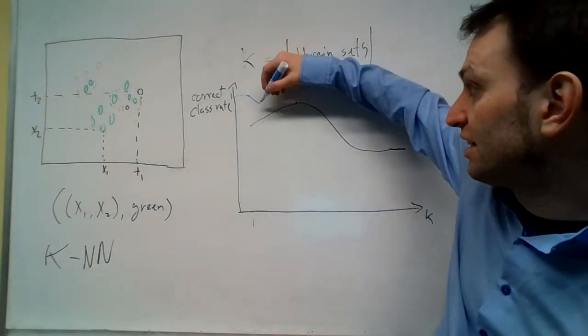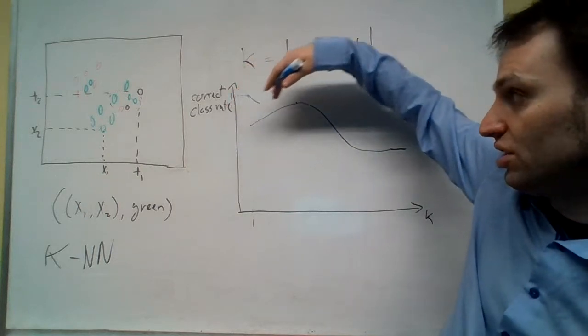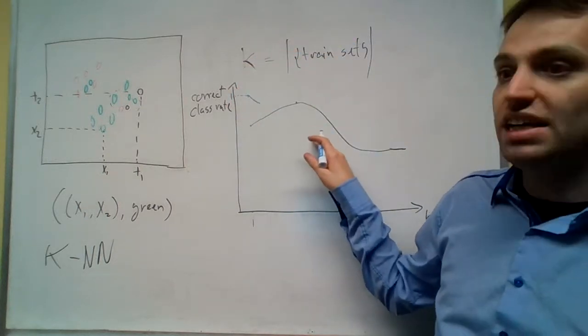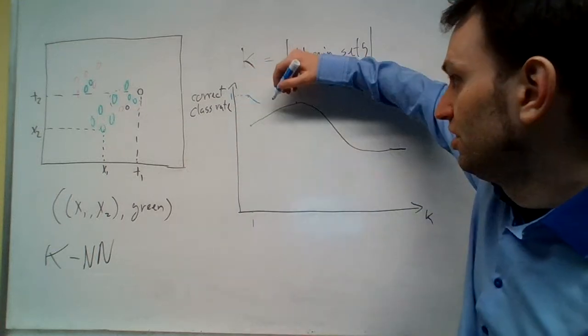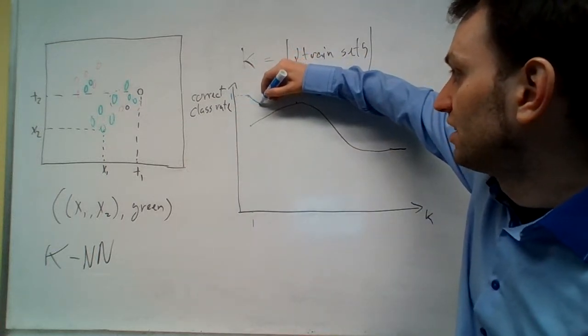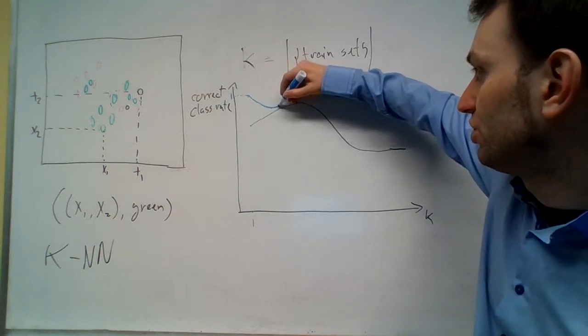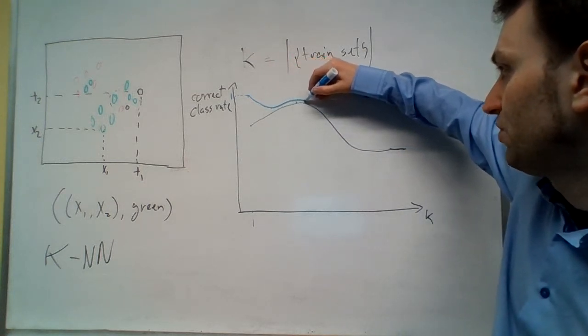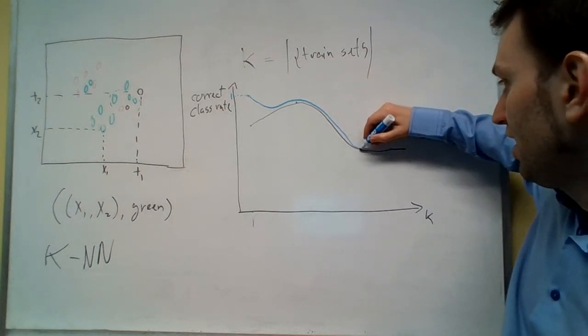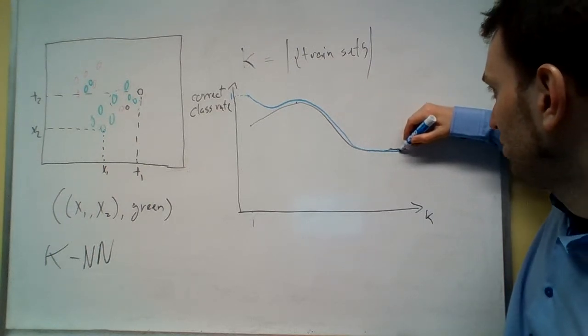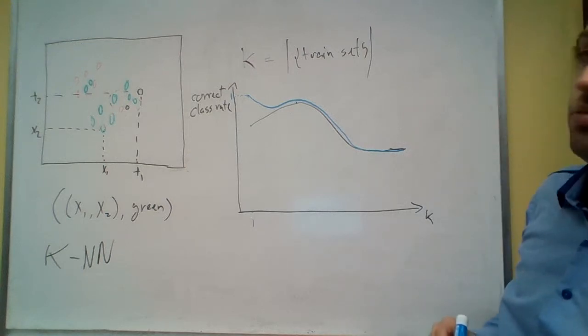Which means that eventually the behavior on the training set is going to look very much like the behavior on the validation set, except slightly better. So we'll decrease here and we'll start looking very much like the performance on the validation set, except a little bit better, and we're getting closer, and eventually we'll just converge to the same thing.